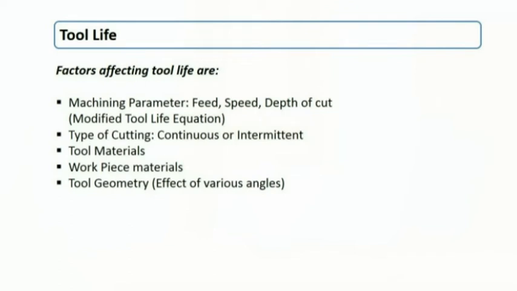The third factor that affects the tool life is tool material. Ideally, the tool material should be such that it can machine your workpiece material at any cutting speed without deviating its performance. So you can see that for a tool like high speed steel, the tool life will be in a range of 60 to 120 minutes.